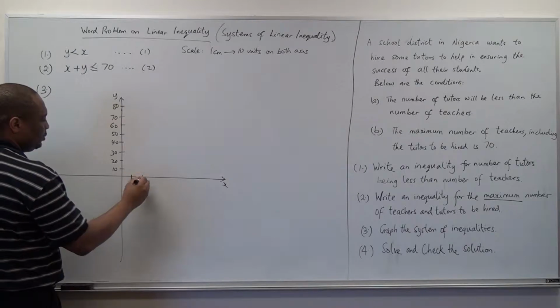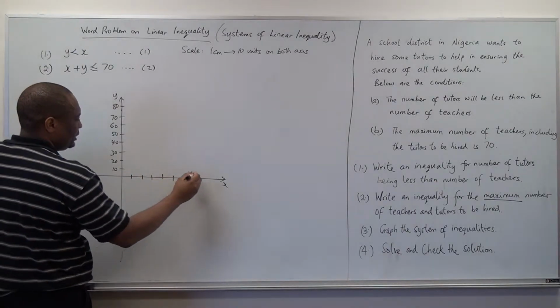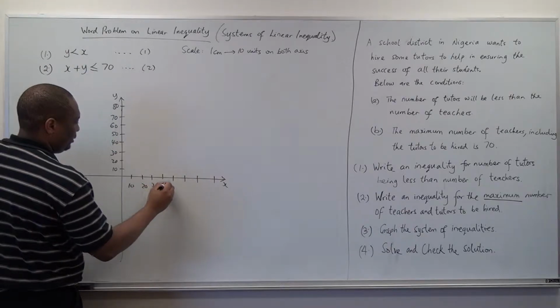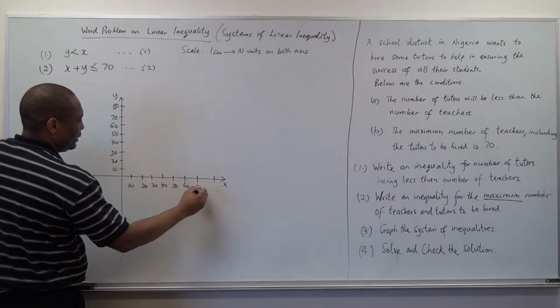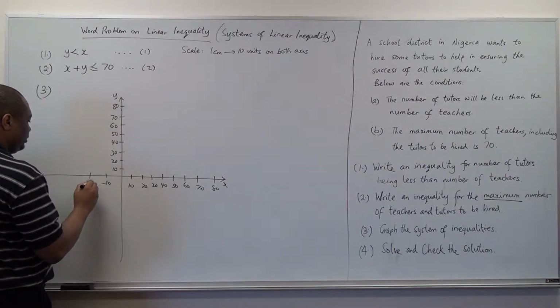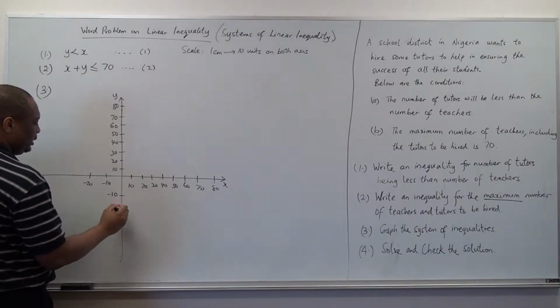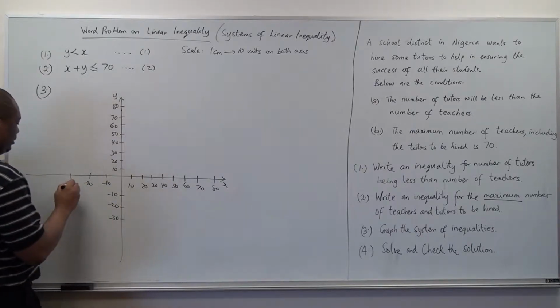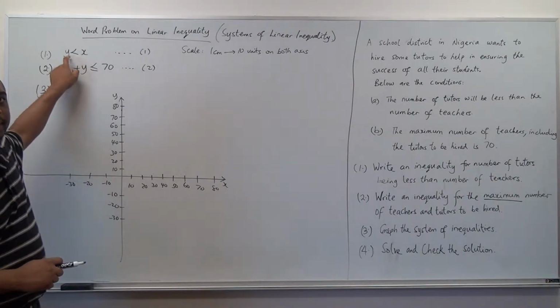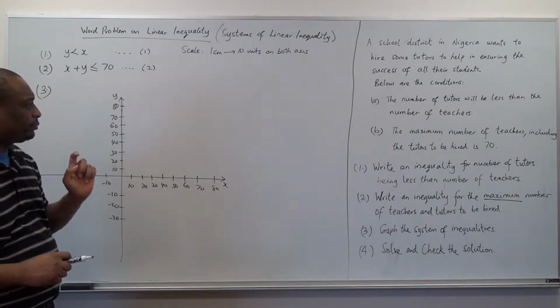And 10, 20, 30, 40, 50, 60, 70, 80, negative 10, negative 20, negative 30, okay. Now, for the first one, we see that y is less than x.